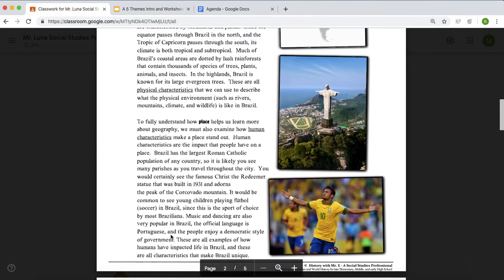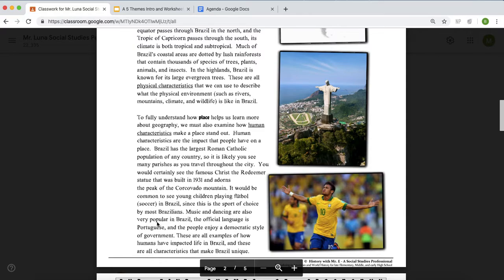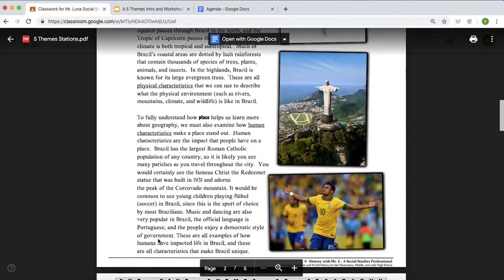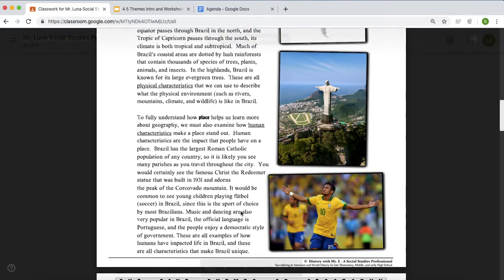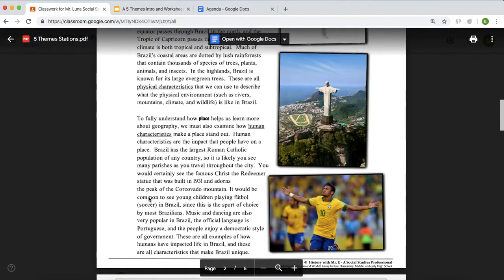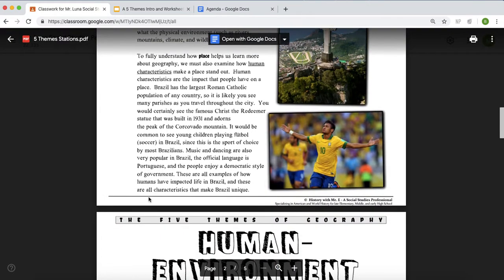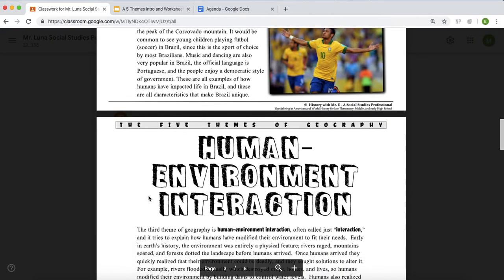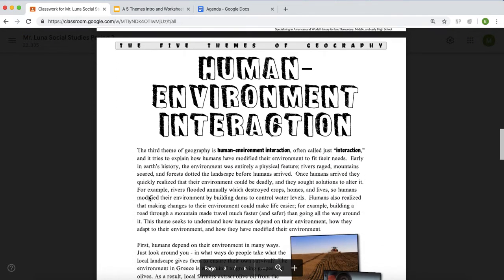Another human characteristic is music and dancing are also very popular in Brazil. The official language is Portuguese, and the people enjoy a democratic style of government. Alright, so these are all human characteristics for describing a place, which is, we're talking about Brazil. Alright. The next will be human and environment interaction.